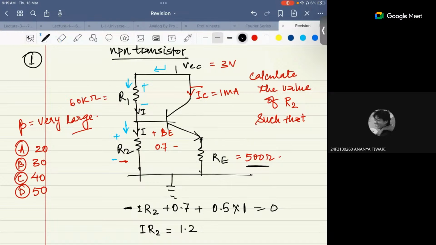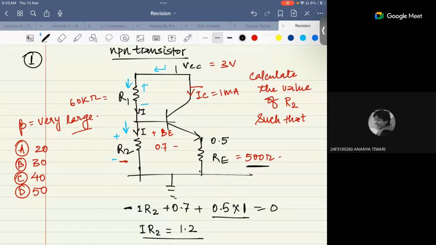And when we go there, VB equals 0.5 plus 0.7. That is what we did. So I R2 is 1.2, correct? Yes, sir. The only thing we need is the I value.